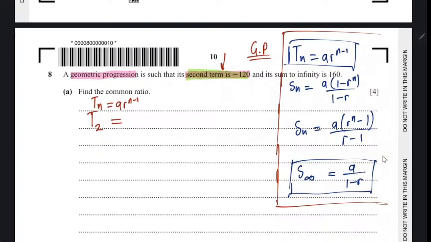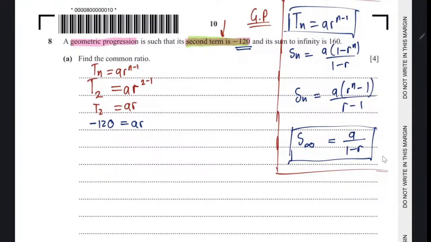So the second term will be AR to the 1, which is just AR, because it is to the 2 minus 1. Is it true? And they've said the second term is negative 120. So you put negative 120 is equal to AR. You've got to write it down. We can skip a line and use it whenever we're going to need it.